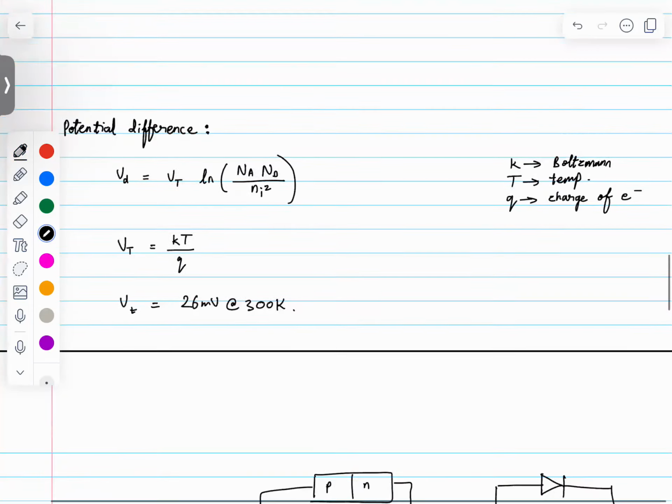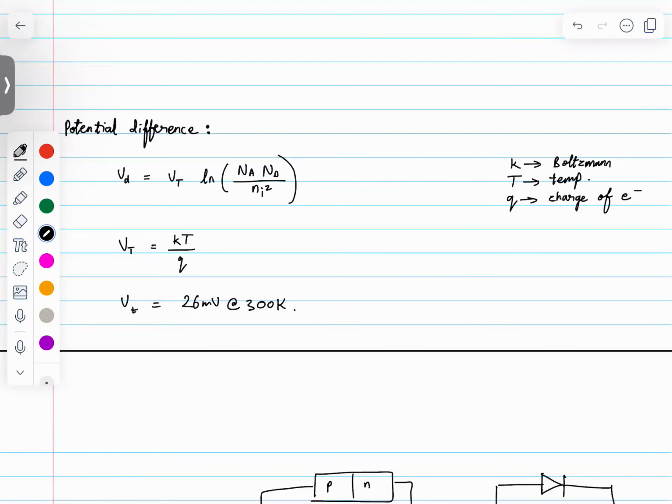So VT here is basically the thermal voltage, and it's called that for obvious reasons, because it depends on temperature. Here it depends on kT. Basically, the expression is kT over q.